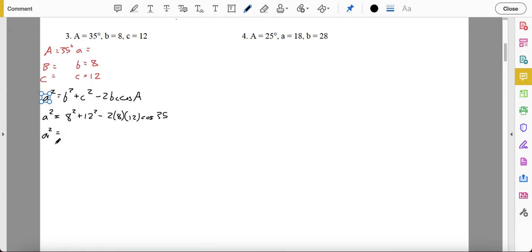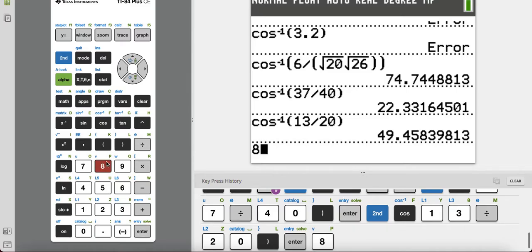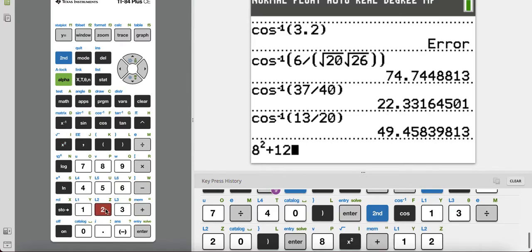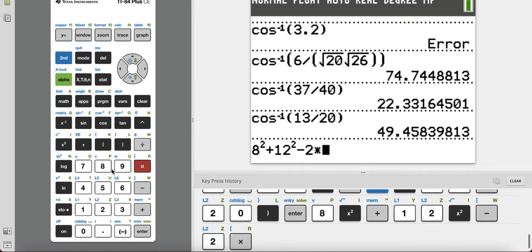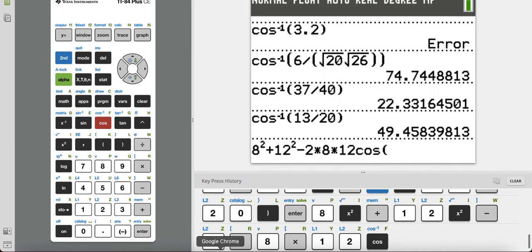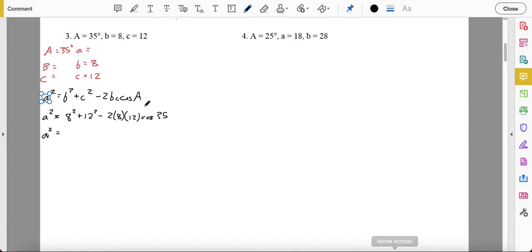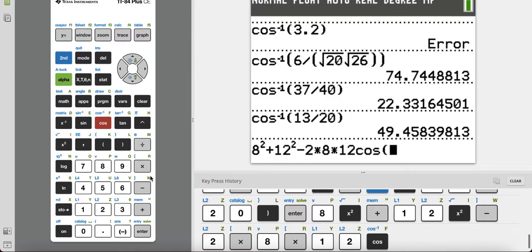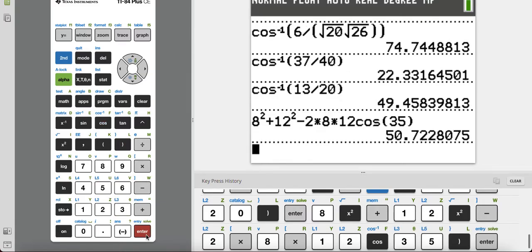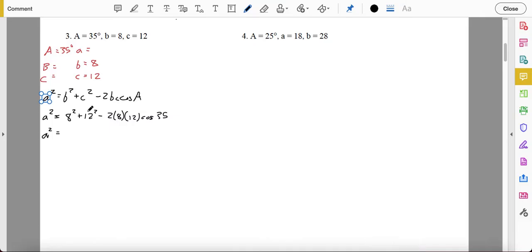So I'm going to plug this into the calculator: 8 squared plus 12 squared minus 2 times 8 times 12 times the cosine of 35 degrees. We get roughly 50.7.